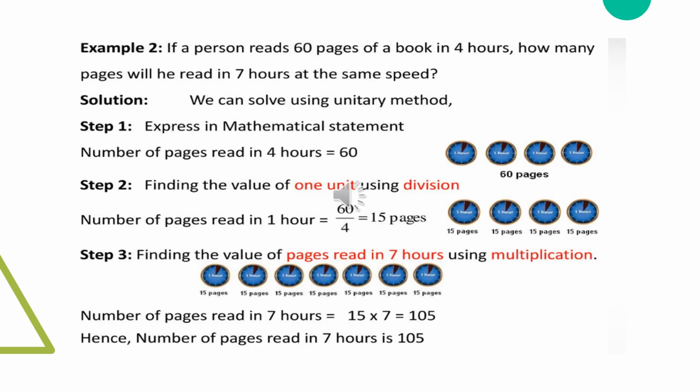In step 2 we find the value of one unit, and you know that for one unit we use the division method. 60 divided by 4, so you will get 15. In the third step we find the pages read in 7 hours, using the method of multiplication. 15 multiplied by 7 is equal to 105. So the number of pages read in 7 hours is 105.